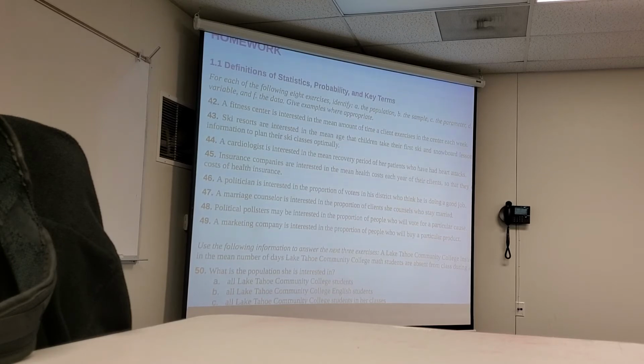Because what I did is, you guys see how this question, of course I filled part of this, but identify the population, the sample, the parameter, the statistic, the variable, and the data. And they want you to identify all of those. So somebody will just write F next to one of them. No. Answer A, B, C, D for each of those. You have to answer all of those.